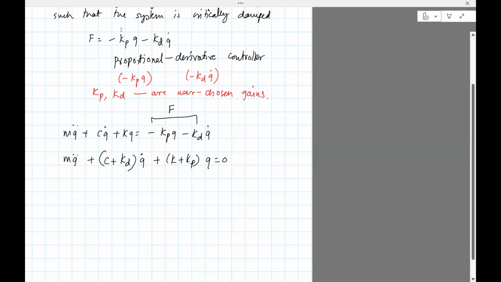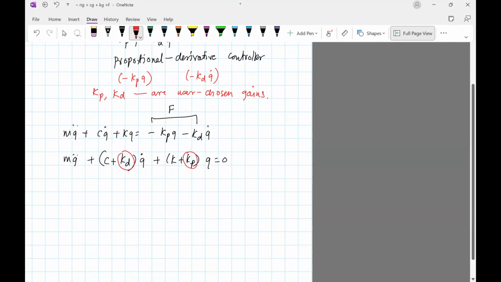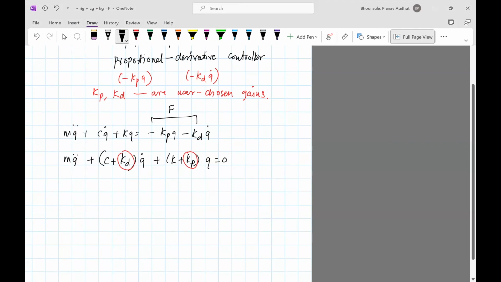Okay, note that these numbers are user chosen and can be tuned, but one insight we got from the simplest free vibration example is that if the system is critically damped, it will go back to 0 in the shortest amount of time.